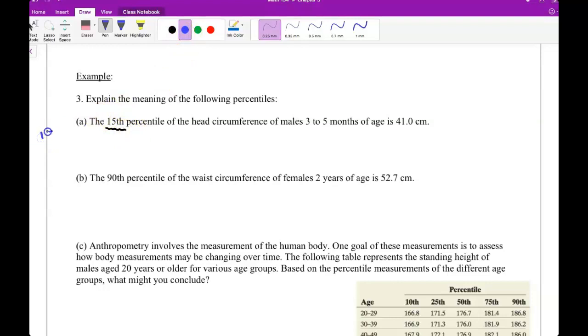We have males 3 to 5 months. So this group has a circumference of 41 centimeters or less.